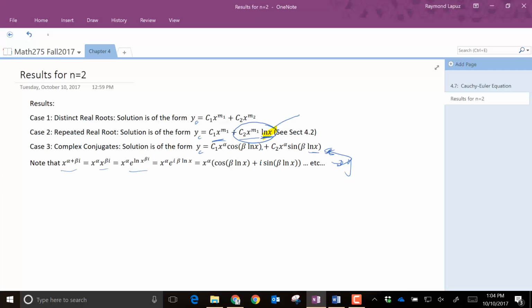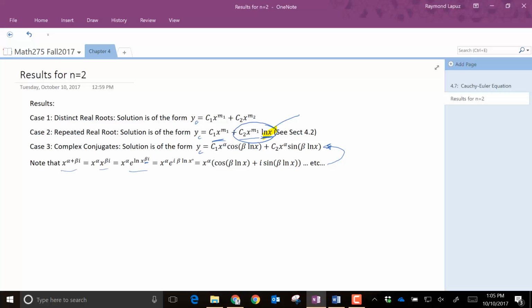Wait, factor out the next thing out. Yeah, you could. Is it just ln x times bi or ln x to the bi power? Is it raised or is it on the same line? This is raised up here. Oh, okay.